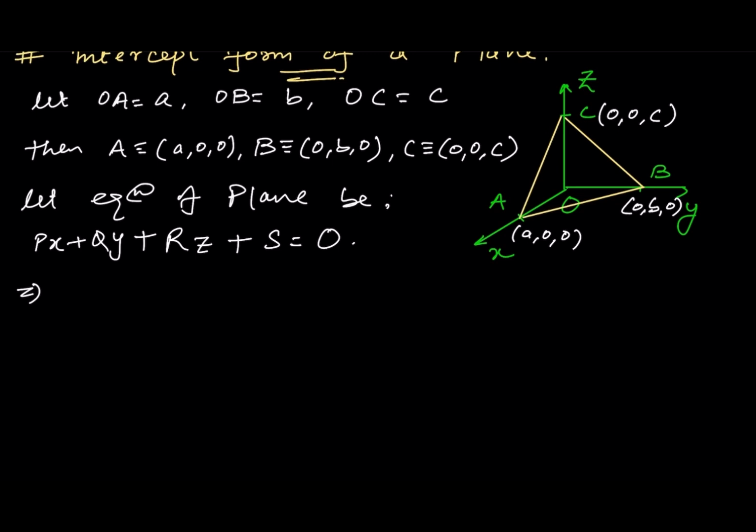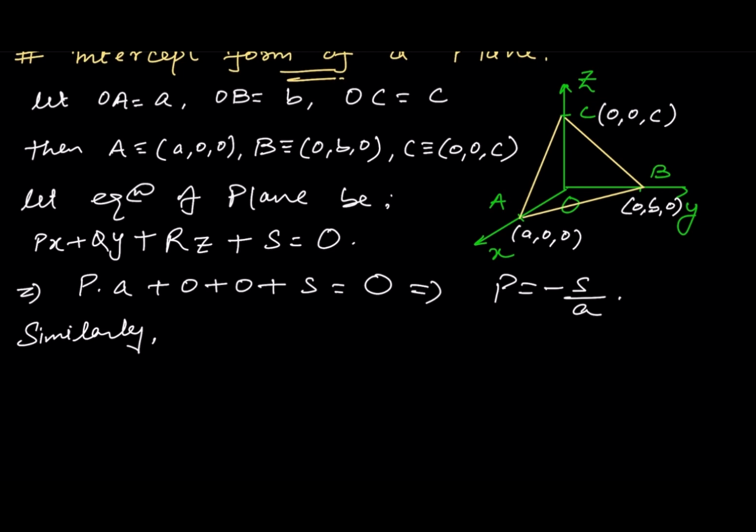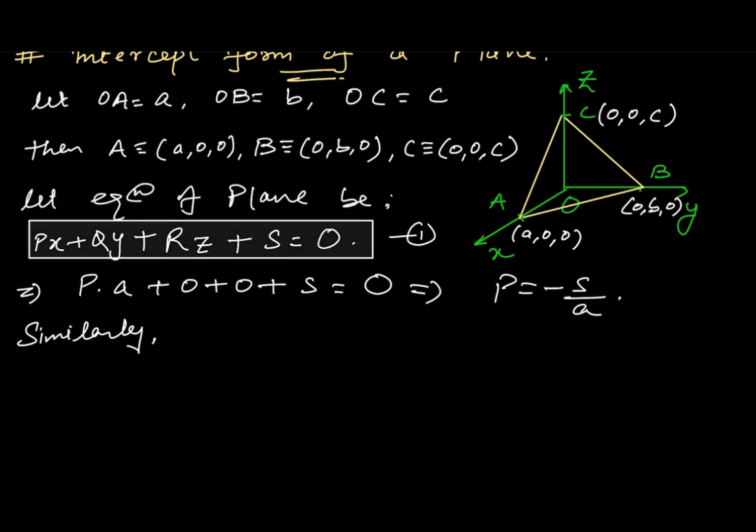So if I put (a, 0, 0) in this, p into a plus 0 plus s is equal to 0, which implies p = -s/a. Similarly, if I put (0, b, 0) in the plane having equation 1, then q will be -s/b. And if I put (0, 0, c) in 1, then r will be -s/c.